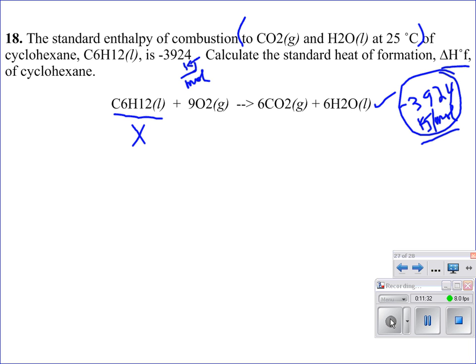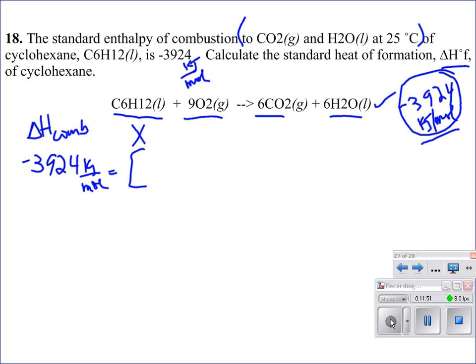You still need your table, though, because we need to find the enthalpy of these guys. So delta H of combustion of this particular reaction is -3924 kilojoules per mole. That is equal to products. CO2, what was it we had at last problem? 0.5, is that good enough?